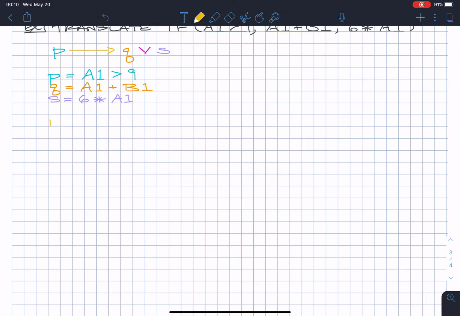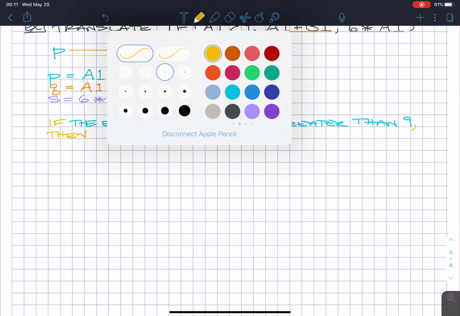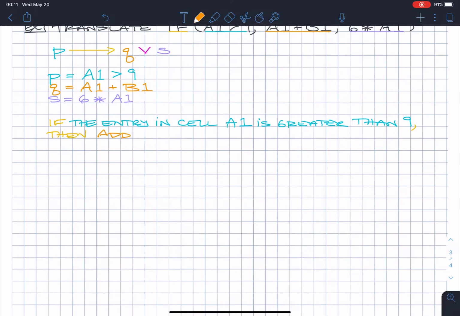So how would I translate all of this? I would say if the entry in cell A1 is greater than 9, comma, then add the entry in cell B1 to the entry in cell A1.